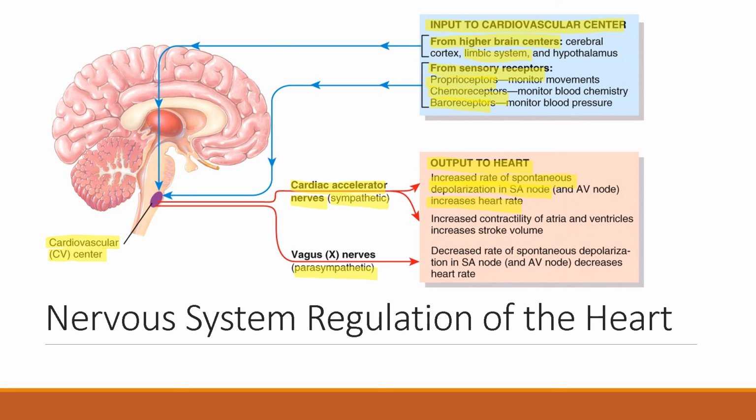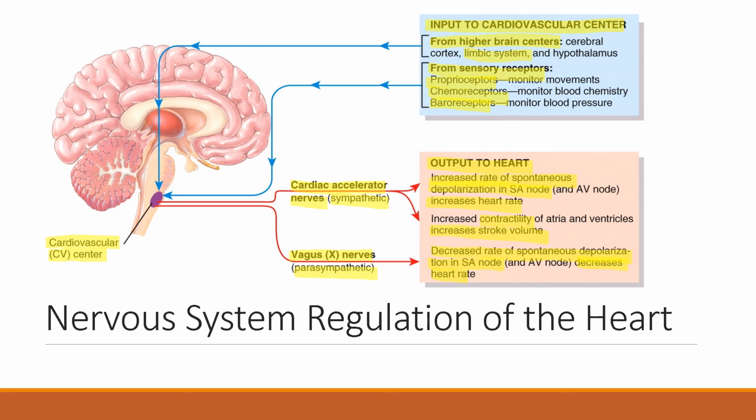They can also increase contractility in order to increase the stroke volume. The vagus nerves, on the other hand, from the parasympathetic branch, decrease the rate of spontaneous depolarization of the sinoatrial and atrioventricular nodes in order to decrease heart rate.